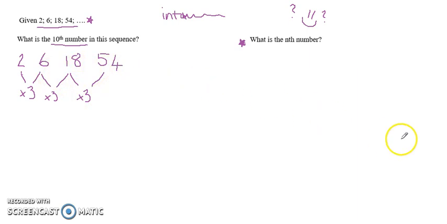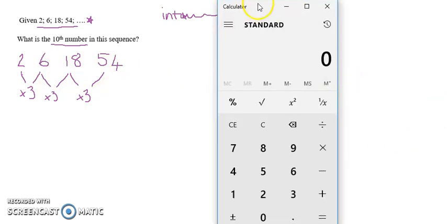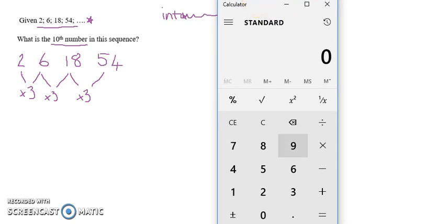Now they're asking for the 10th number in the sequence, and at the moment we've got 4 numbers. So I'm going to use my calculator to work this out. I'll start by doing 2 times 3 gives me 6. So that's my second term. 6 times 3 gives me 18, and 18 is my third term. 18 times 3 gives me 54, and that's my fourth term.